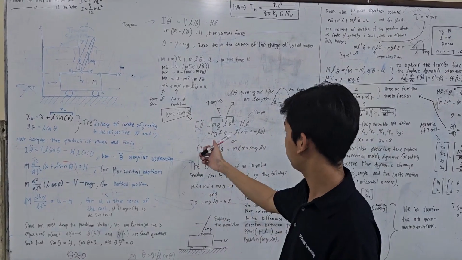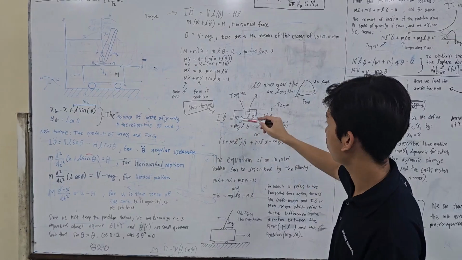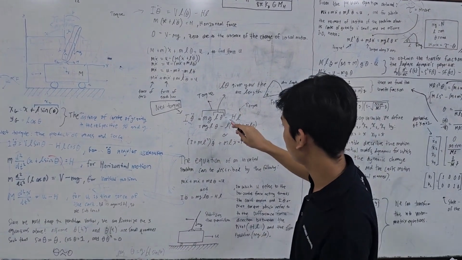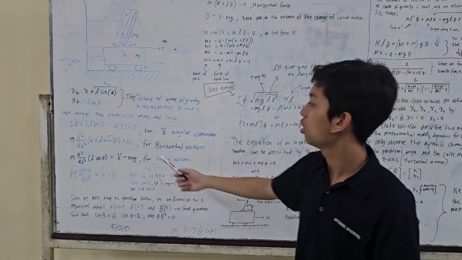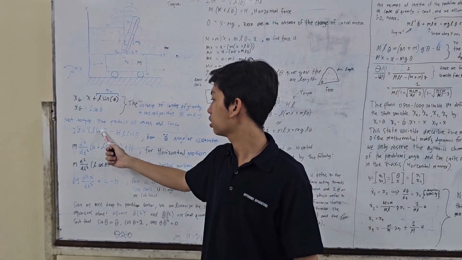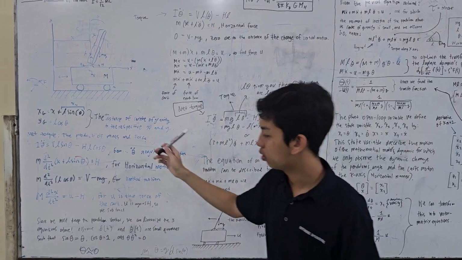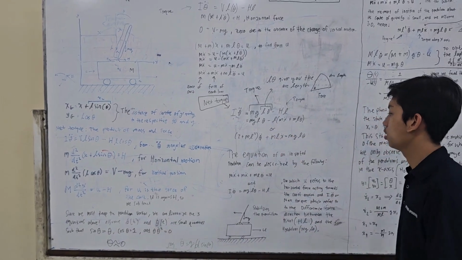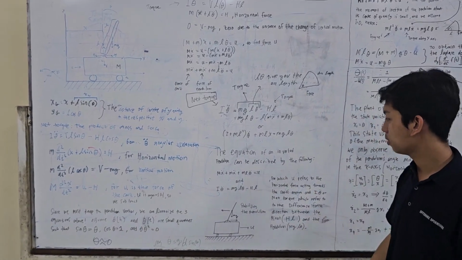As previously mentioned, for the net torque, we have mgl theta minus hl. Since sine theta equals theta, and here we have L sine theta, we ignore sine, so we obtain L theta. And then the equation of an inverted pendulum can be described by the following.